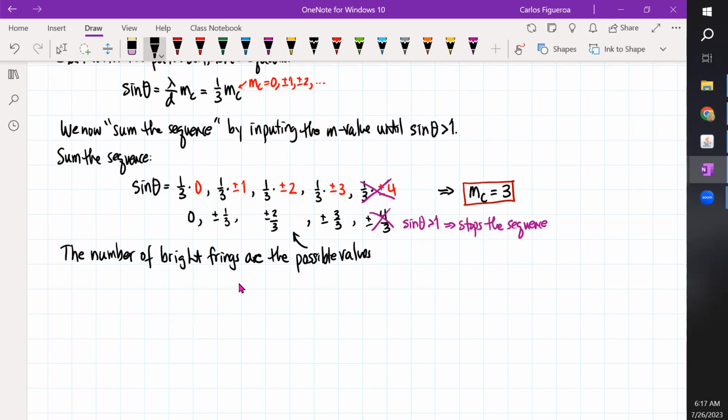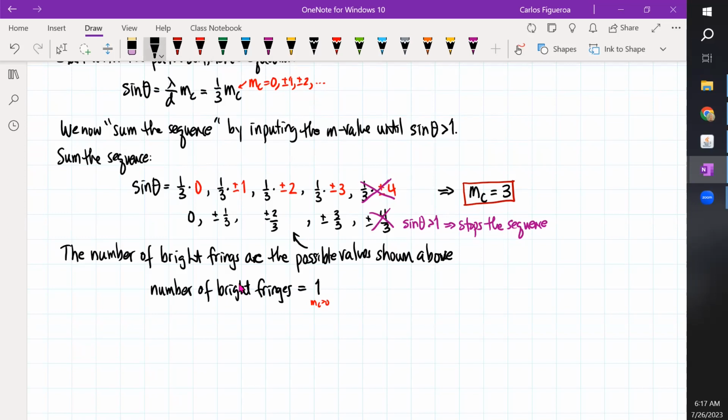These values right here shown above. So when I look at the number of bright fringes, we see that there's the 0, right? This occurs because we have MC equal to 0. That's the central max.